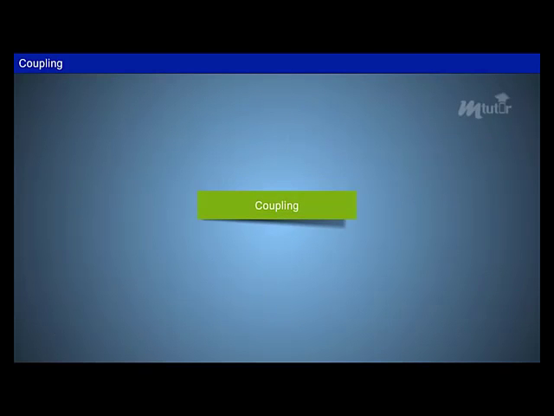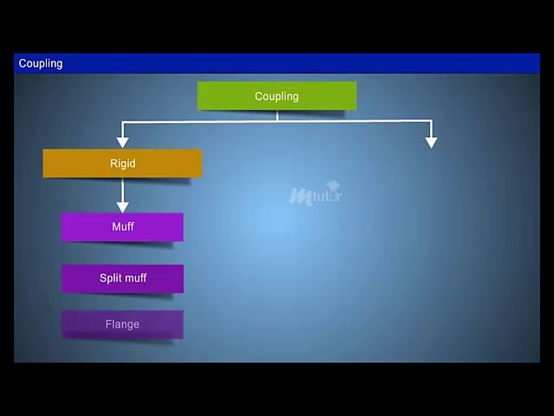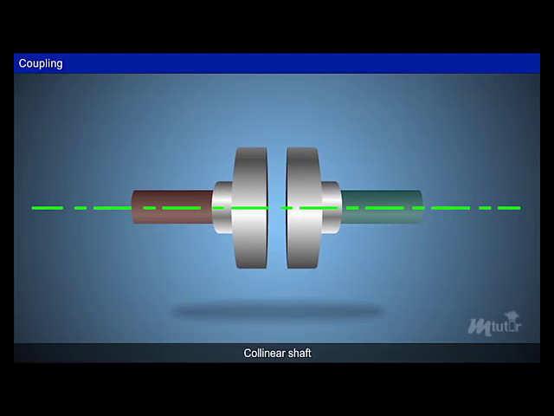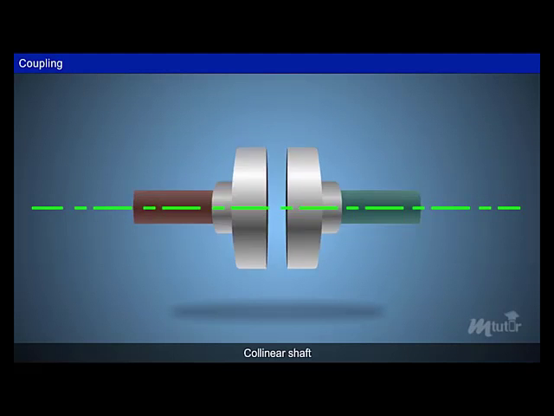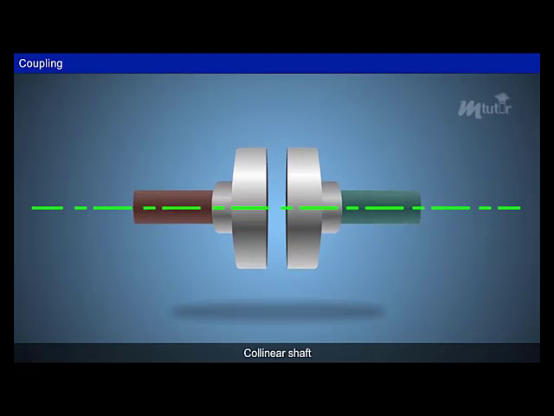Couplings are classified into two types. For collinear or coaxial shafts, rigid couplings are used, and for non-collinear or non-coaxial shafts, flexible couplings are used. Because in collinear shafts, the axes of both shafts meet at the same line, so there is not much possibility of vibration during power transmission.